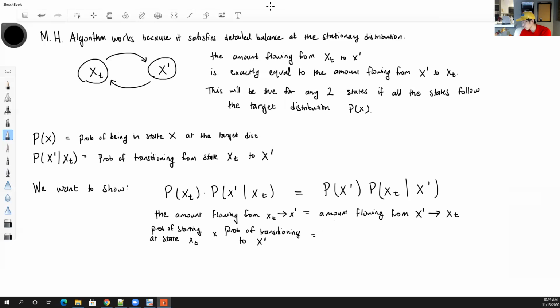Okay, and then this would just be the opposite, right? The probability of starting at x prime multiplied by the probability of transitioning to xt.